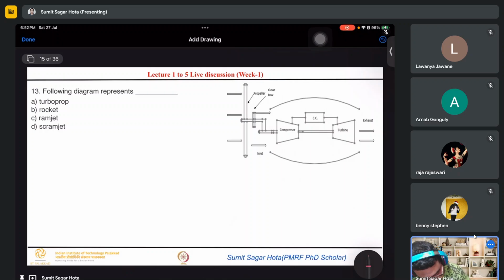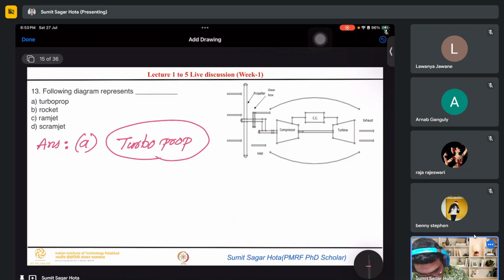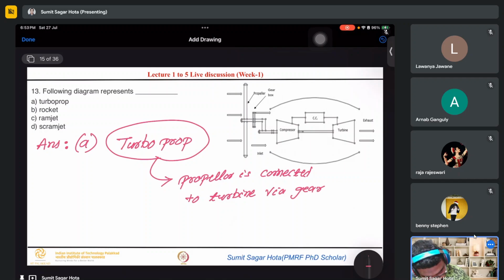Here the propeller, so it consists of the propeller, the gearbox, the compressor, combustion chamber, and turbine.